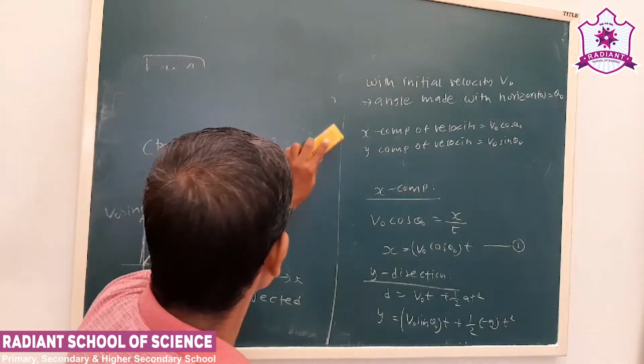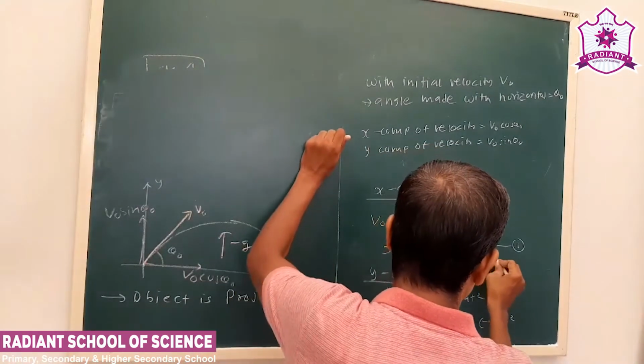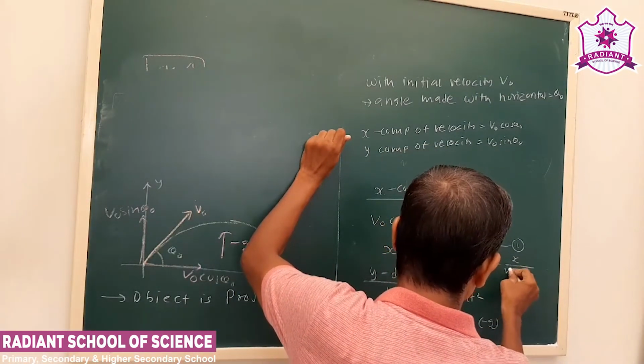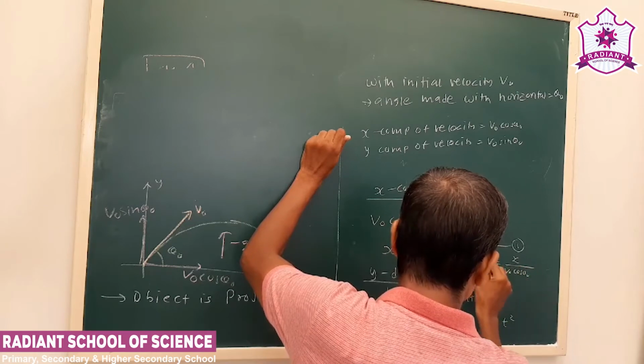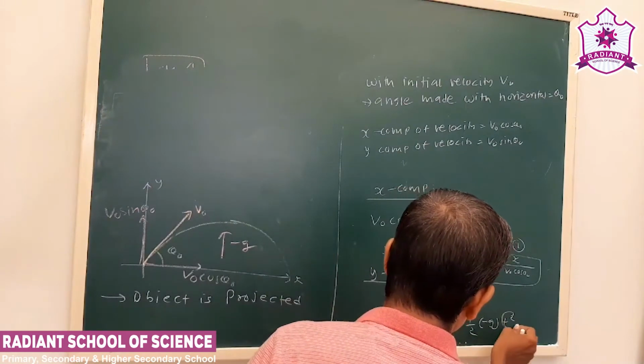Now from equation 1, I get the t value as x upon v0 cos theta0. Now I have to substitute that here.